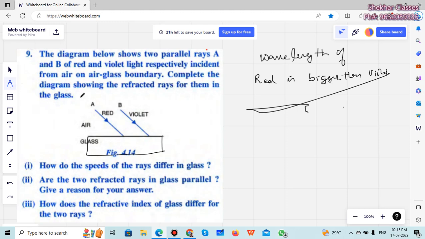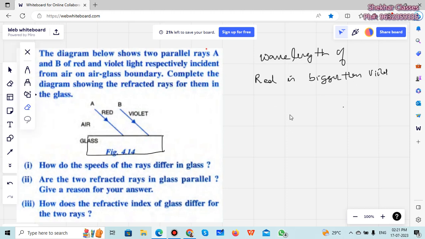So red has got a bigger wavelength than violet, which means the red has got a bigger wavelength and the violet has got a smaller wavelength here.